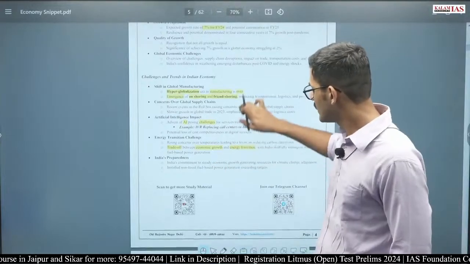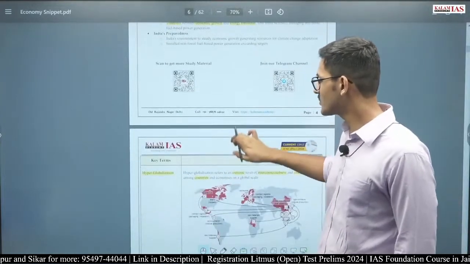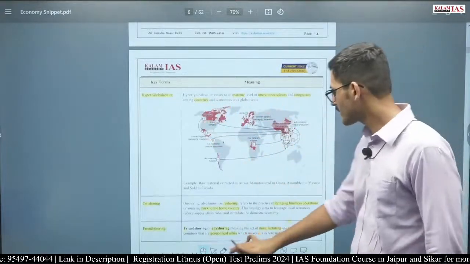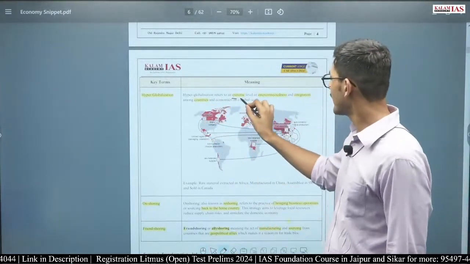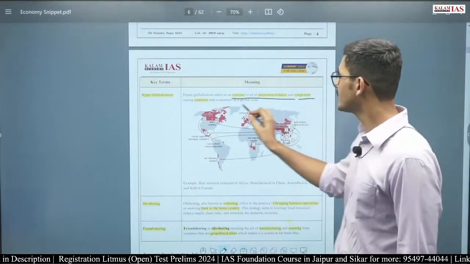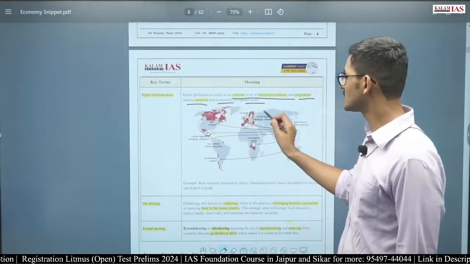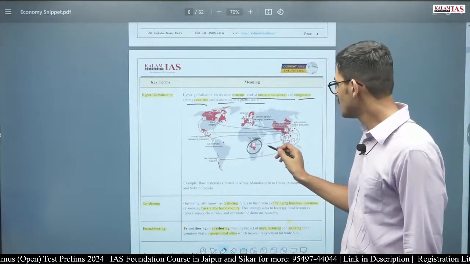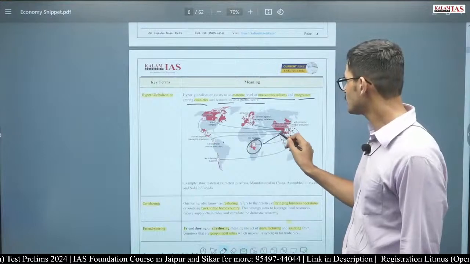So moving forward, we will read about what hyperglobalization is. Hyperglobalization basically refers to an extreme level of interconnectedness and integration among countries' economies on a global scale. For example, raw materials are supplied from Africa to China.